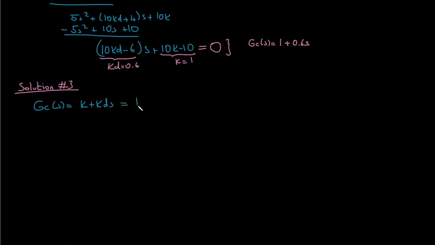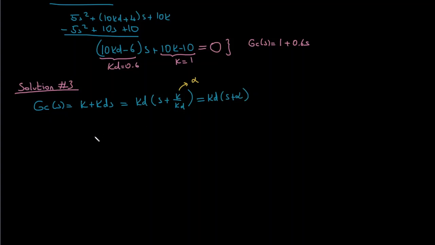and I can write this thing as taking kd out as s plus k over kd. Okay, and I will call this variable over here alpha. Let this be alpha. So this will be simply equal to kd times s plus alpha.